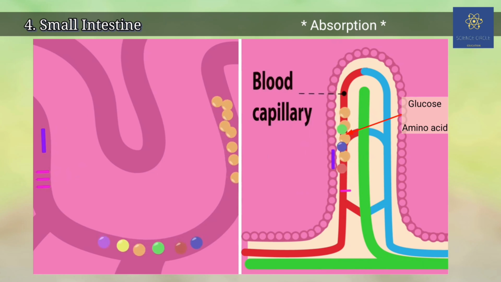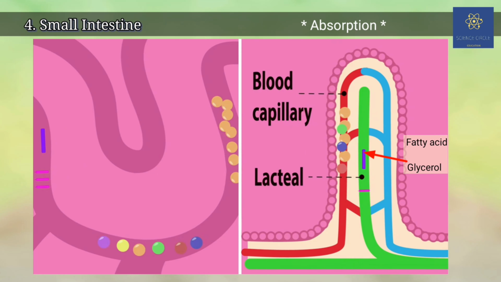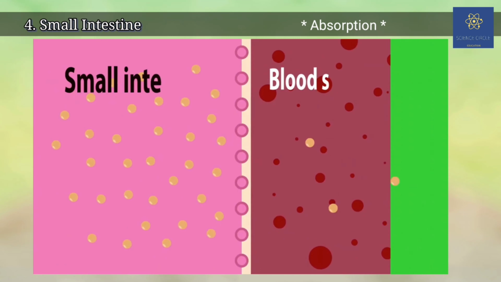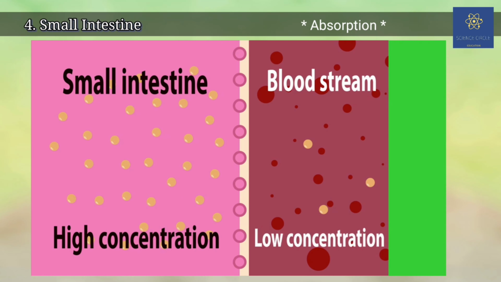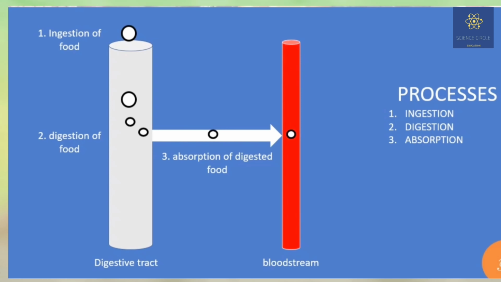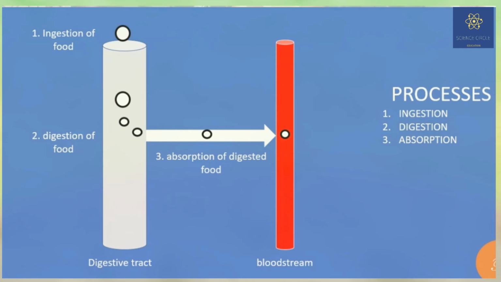Sugar and amino acid pass into the blood capillaries, whereas fatty acid and glycerol pass into the lacteal of the villi. These molecules move by the process of diffusion, that is, moving from a higher concentration to a lower concentration, as you can see here.